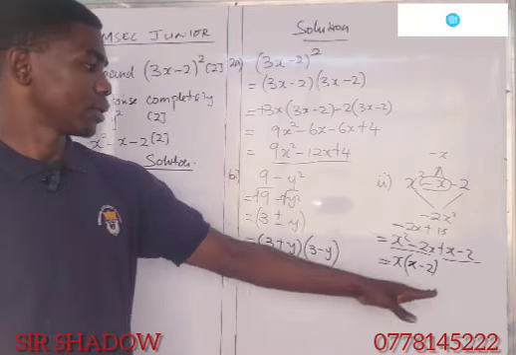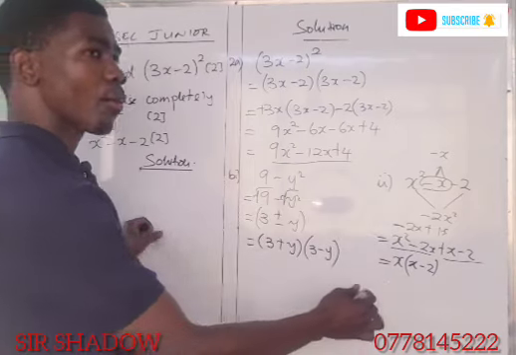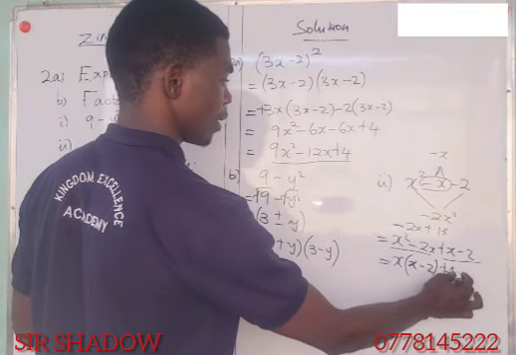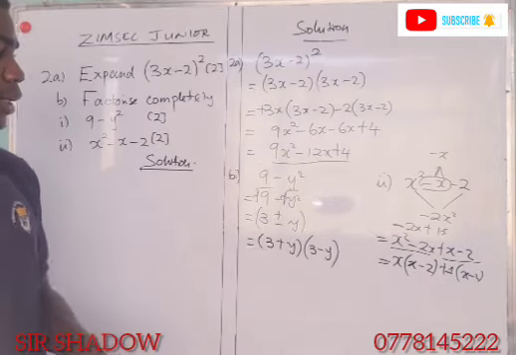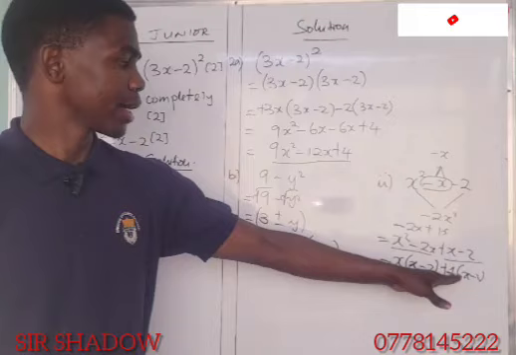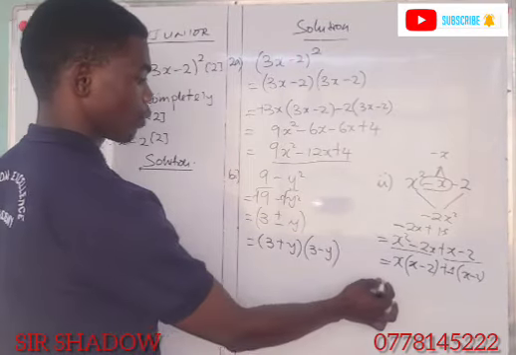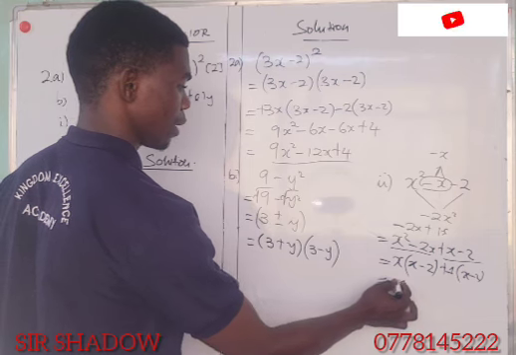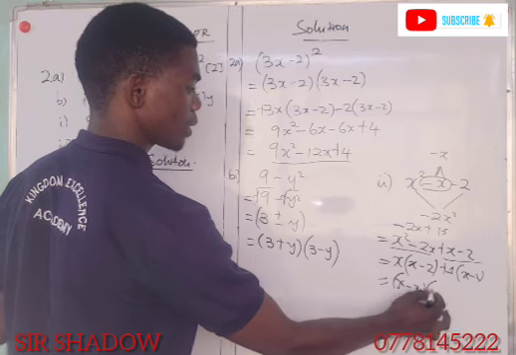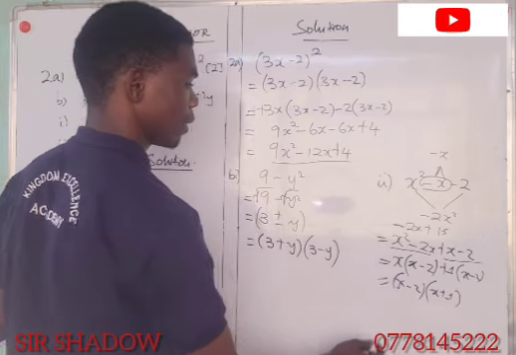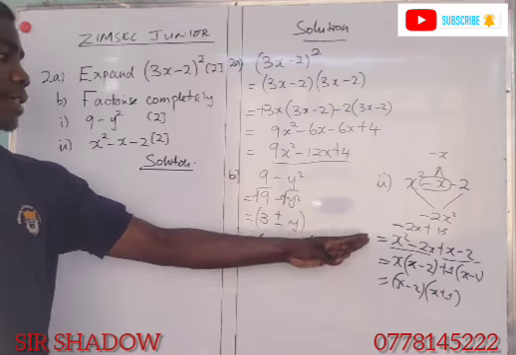And what's common in this one? Plus 1 is common, left with x minus 2. Then since these brackets x minus 2 and x minus 2 are equal, we take one of them. It means x minus 2, then x plus 1. So this is how to factorize completely using the first method.